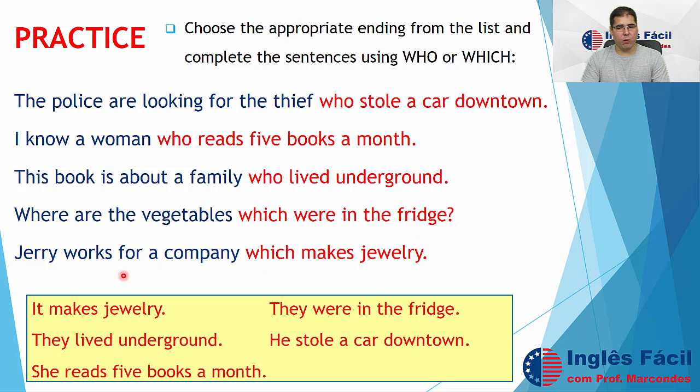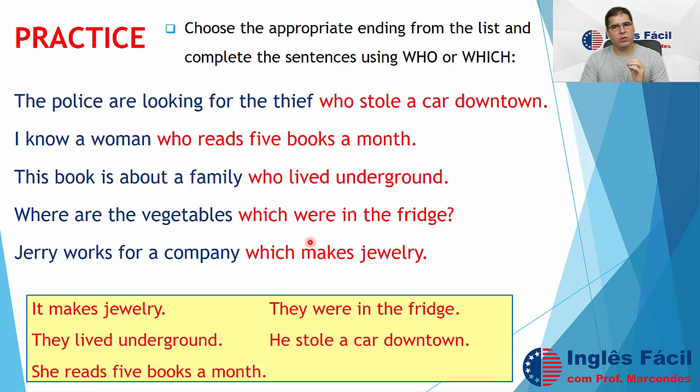Jerry works for a company that makes jewelry. Okay, so always in these cases here, always possible to use that. But that's not always true. It is possible in some situations. There are many situations actually in which we cannot use that. We have to use either who or which, okay? But we are going to see a little more about this next class, right?